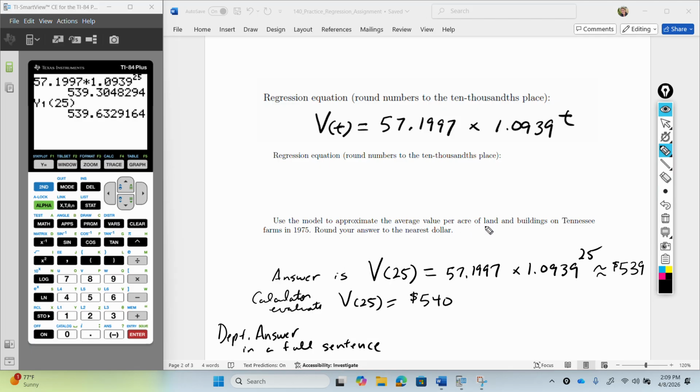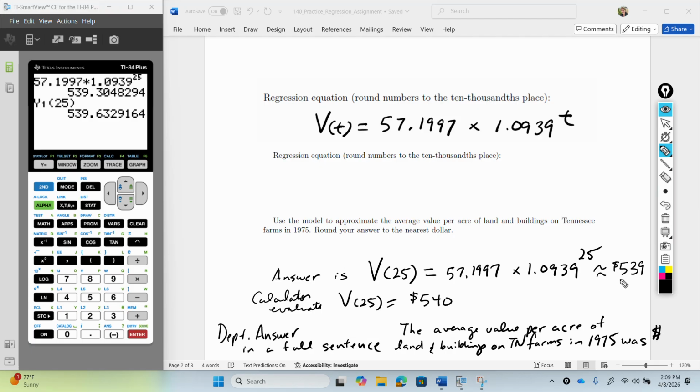The average value per acre of land and buildings on Tennessee farms in the year 1975 was either 539 or 540, depending on how you calculated it.